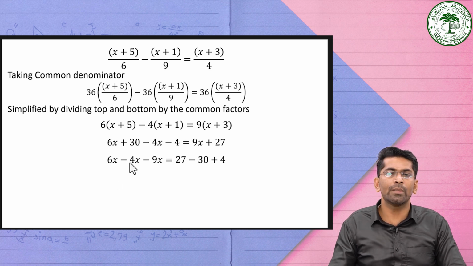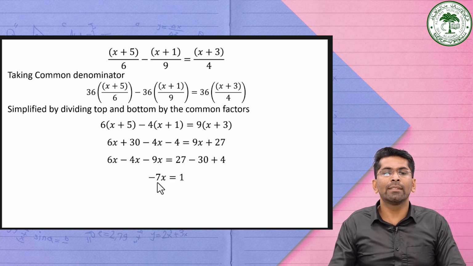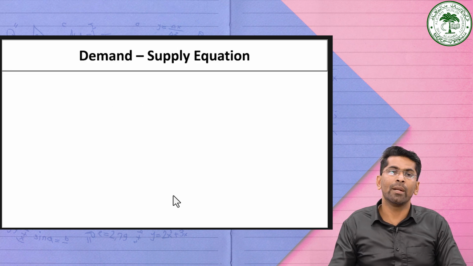It is 6x minus 4x, taking 9x into the left hand side, so minus 9x, which is equal to 27 minus 30 plus 4. So it will be minus 7x, which is equal to 1. x is equal to minus 1 by 7. So here we can say that x is equal to minus 1 by 7.